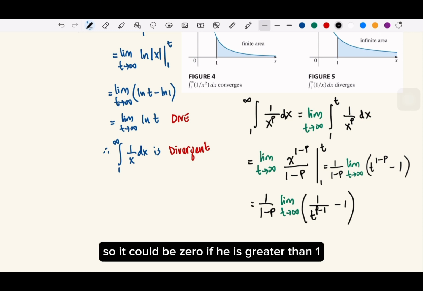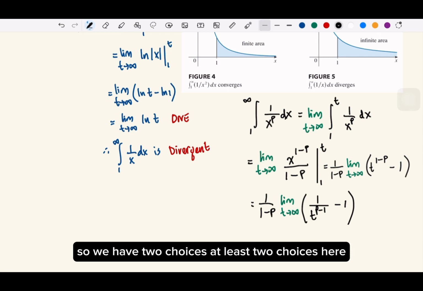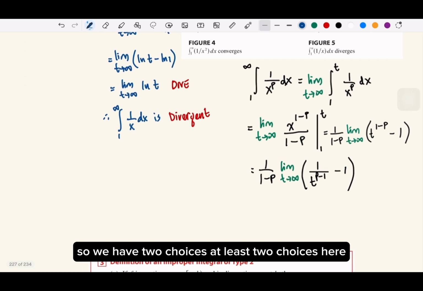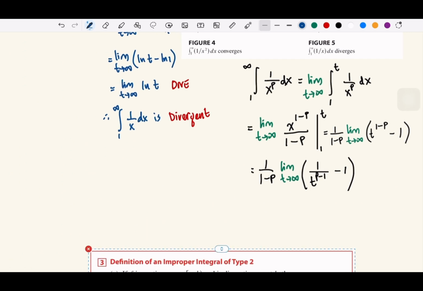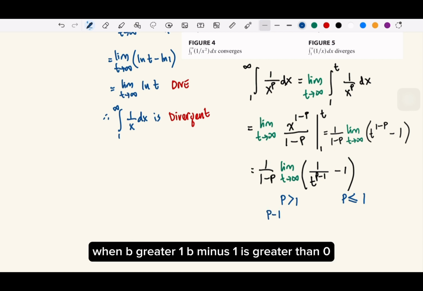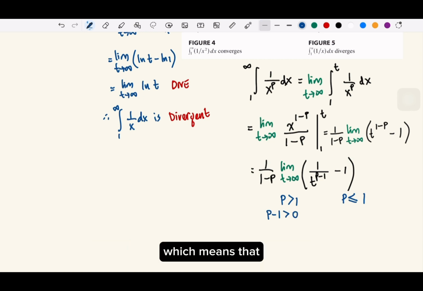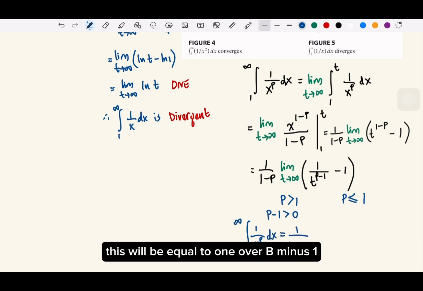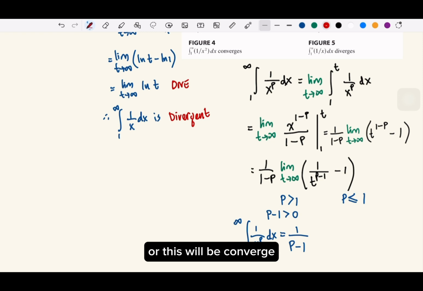So it could be 0 if p is greater than 1. So we have at least two choices here. So p can be greater than 1 or p less than or equal to 1. When p is greater than 1, p minus 1 is greater than 0, which means that this will be equal to 1 over p minus 1, or this will be convergent.